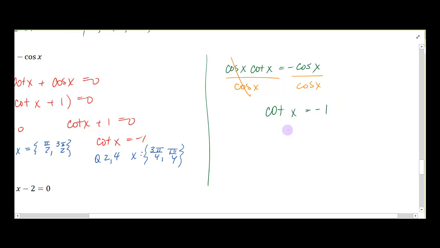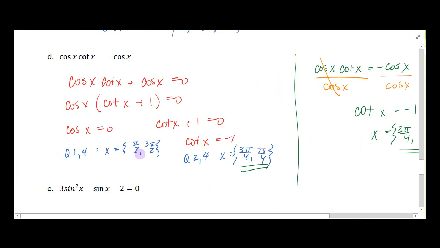And when I solve this, I find out that x would be equal to 3 pi over 4 and 7 pi over 4. The problem with that is I only ended up with 2 of the angles out of the 4 that were possible solutions. So by dividing off my trig function, I lost 2 of the angles.